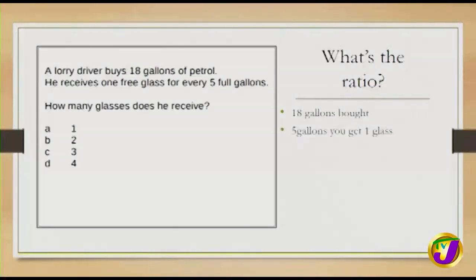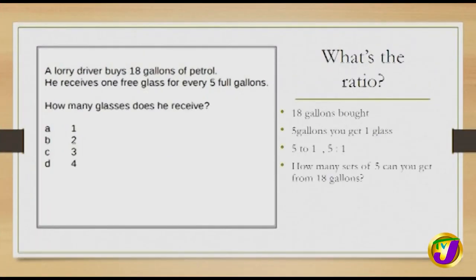For every 5 gallons, you get 1 free glass. So we have a 5 to 1, 5 gallons to 1 free glass, and we can write it in either of those 2 formats, with the word 'to' or with a colon. Now, how many sets of 5 can you get from 18 gallons?